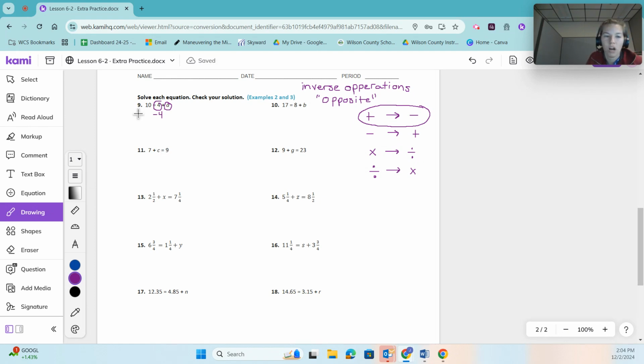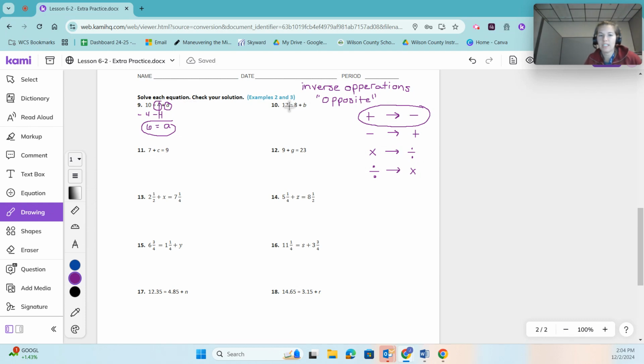We are going to subtract 4 on both sides. 10 minus 4 is 6. Okay, and positive 4 minus 4 is 0. That's why we do the inverse operation to get 0, because 0 plus a is just a. Okay, and that gives you your final solution there.